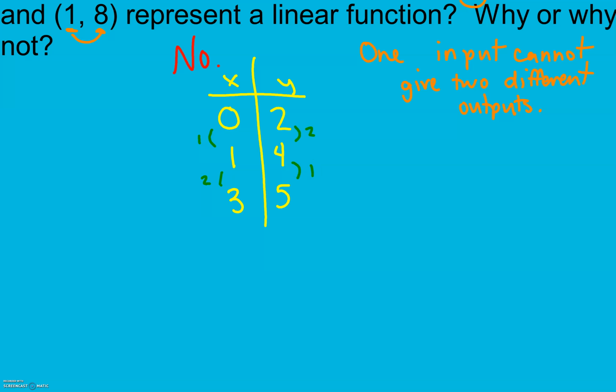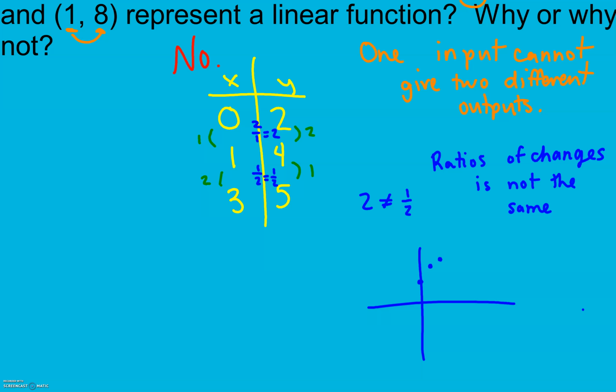So if we look here, and I find the ratio of them, 2 over 1 gives me 2, but 1 over 2 gives me a half. 2 does not equal a half, which means my change isn't the same. If we were to graph these, 0, 2, 1, 4, 3, 5, they wouldn't be in a straight line, so it's non-linear. So our ratios of changes is not the same.